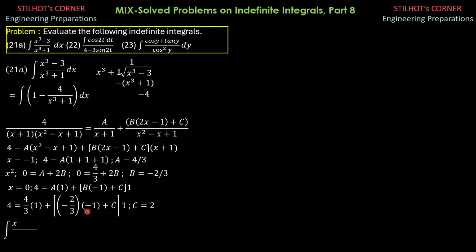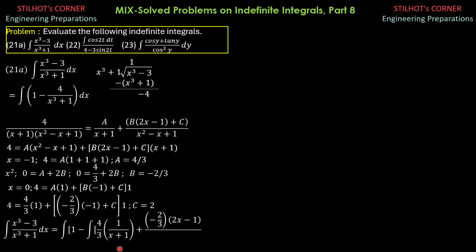Substituting, the integral of quantity x cubed minus 3 over x cubed plus 1 is equal to the integral of 1 minus, we replace this by a over x plus 1. A is 4 thirds. Then b, negative 2 thirds, times 2x minus 1 over the denominator x squared minus x plus 1, then plus c, which is 2 over, we write this into this form, x minus 1 half quantity squared, then plus 3 fourths.